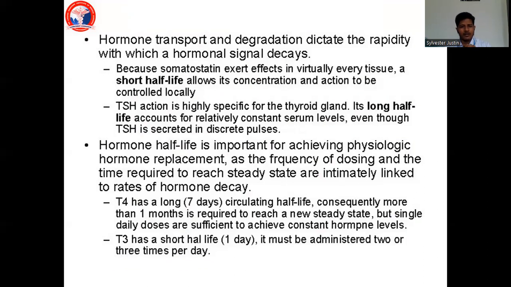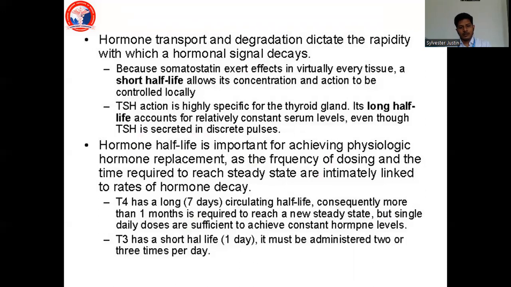Its long half-life accounts for relatively constant serum levels, even though TSH is secreted in discrete pulses. So TSH, even though it may have a circadian rhythm, because of its long half-life, it doesn't matter when we test for it. So that is the importance of half-life.